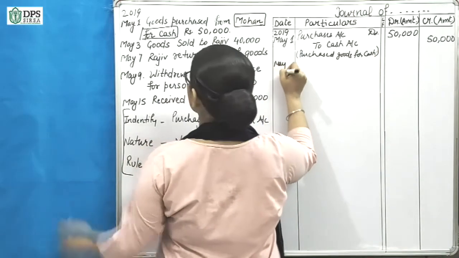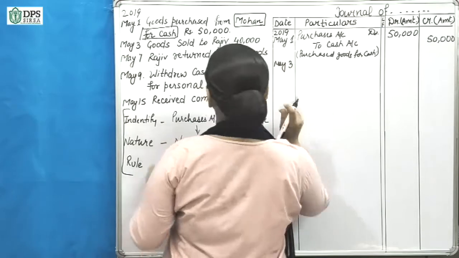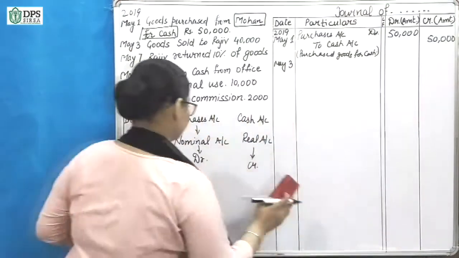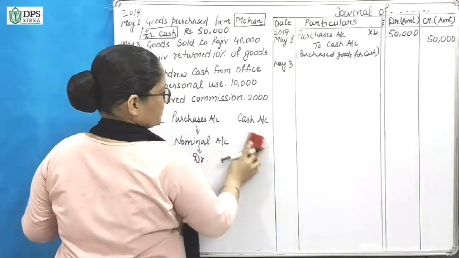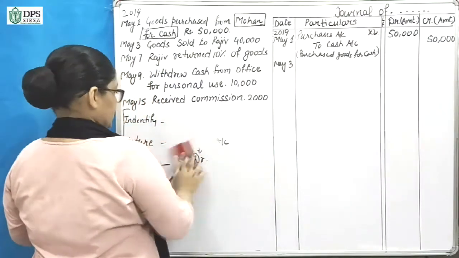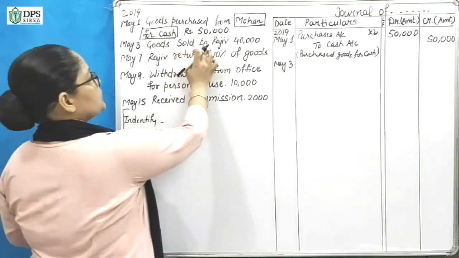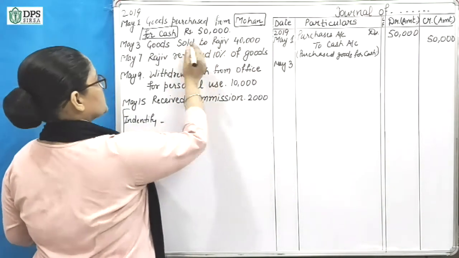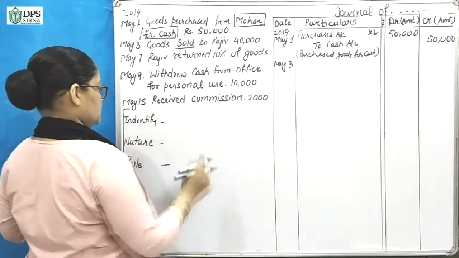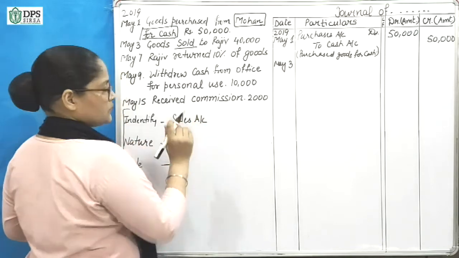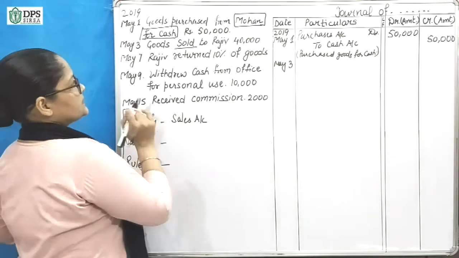Next we have May 3. The next entry is, in the next transaction, we have goods sold to Rajiv, 40,000. Now the goods are sold. So the first account that is affected is sales account.